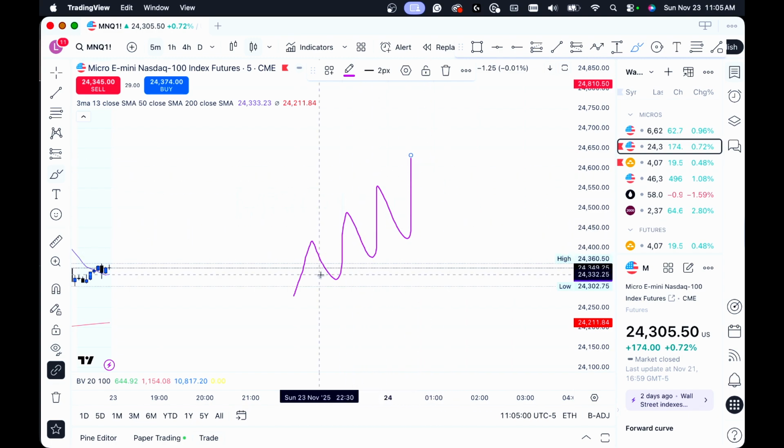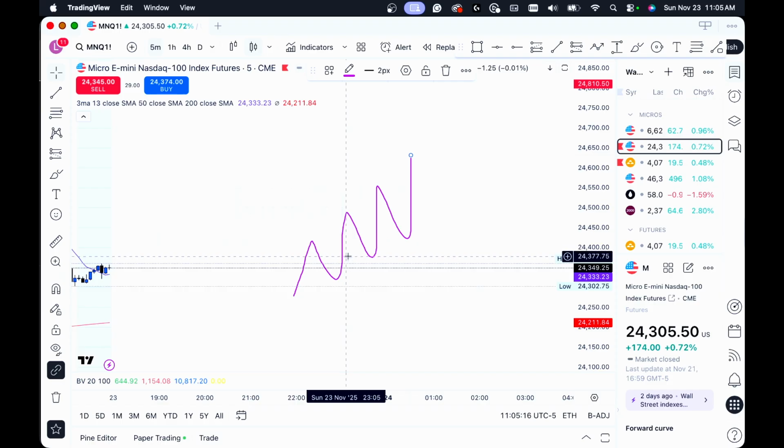So now to draw your demand, you need to wait for a break of structure, right? You need to wait for a break of structure to draw a demand zone. That's the only way it's going to work.